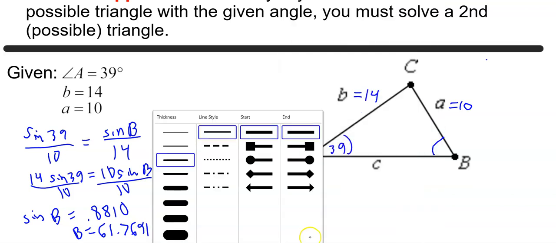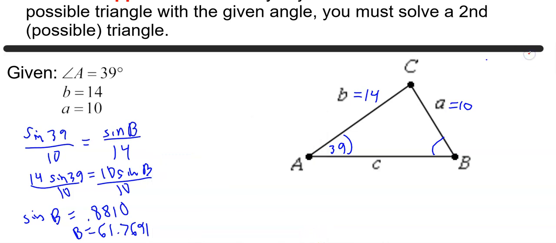I want you to realize that the three blue numbers there are all given information, and the angle is the one that we solved for using the law of sines. But of course we don't know if that angle is obtuse or acute, so technically we don't know yet.